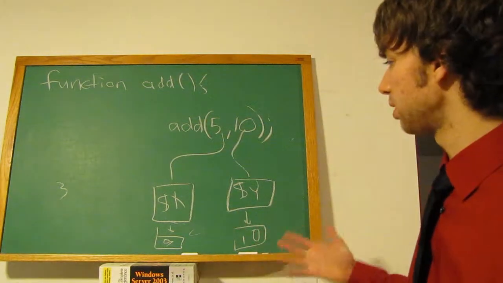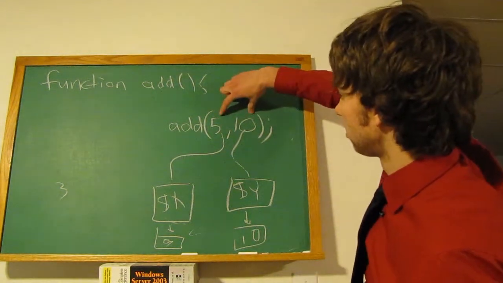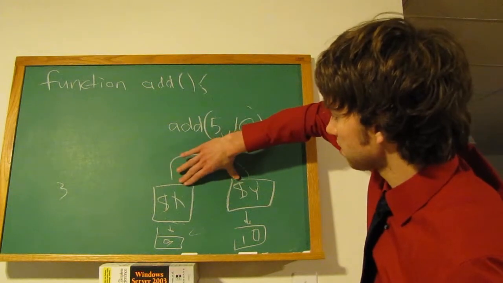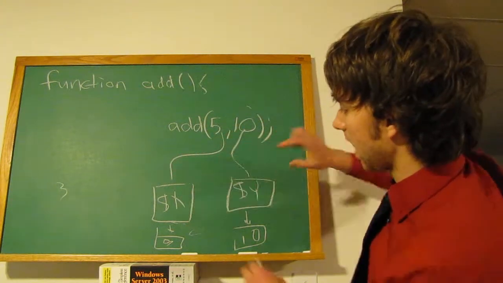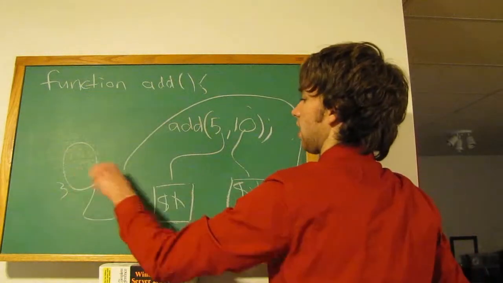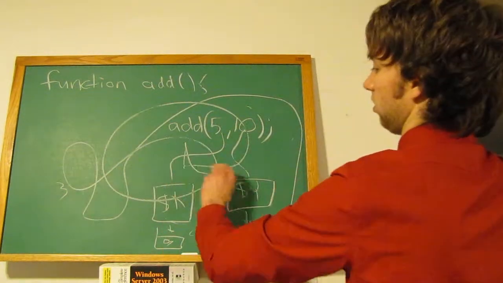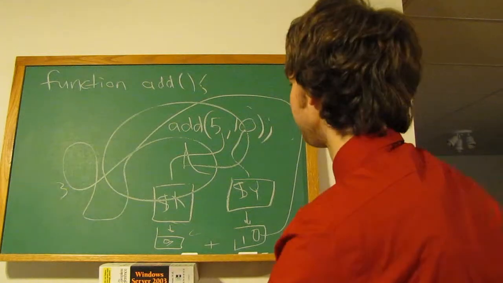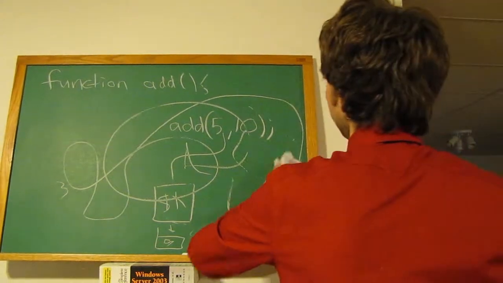So that's pretty much how it works. These replace the variables, and then it adds them together and gives us the final result.